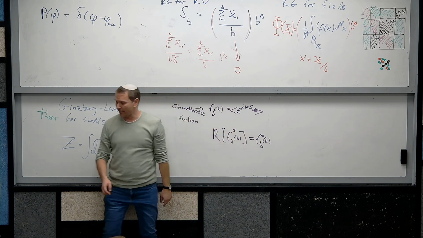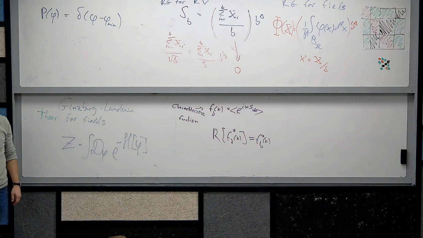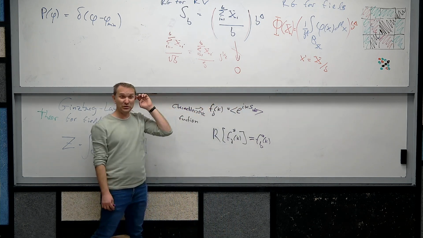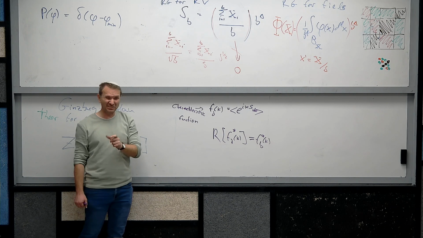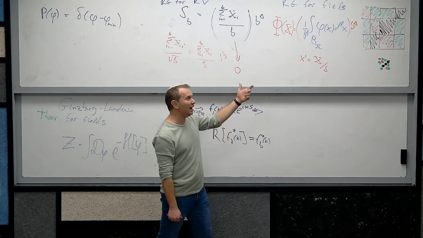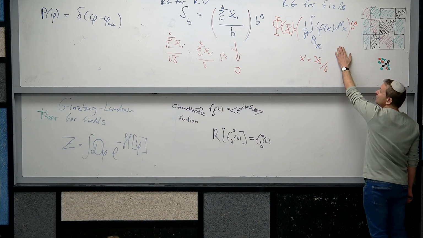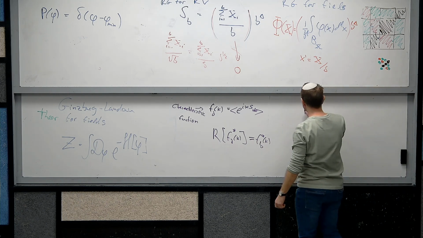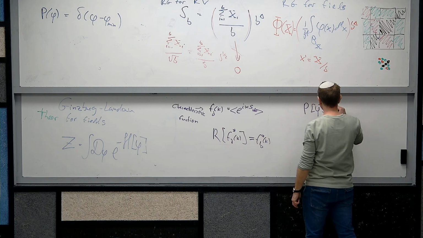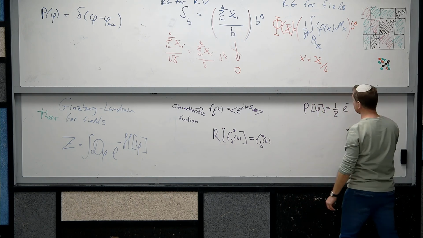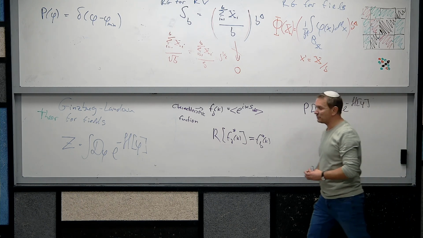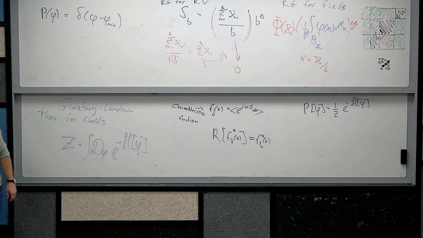Okay. Now, what is the analog of the characteristic function for the fields? We do not go exactly to the characteristic function, but we ask, what describes the probability density function of the field? So we know that P of phi is 1 over Z e to the power minus H of phi. Now we perform some sort of transformation. What is the transformation that we perform?